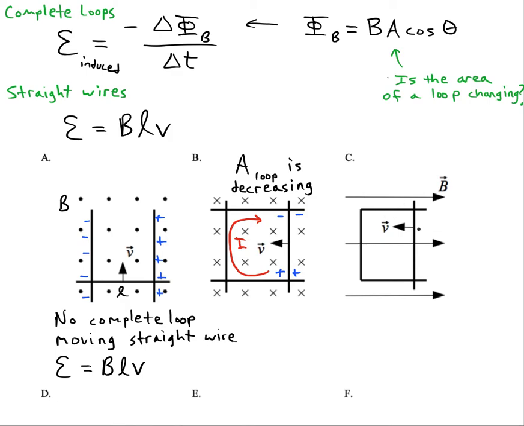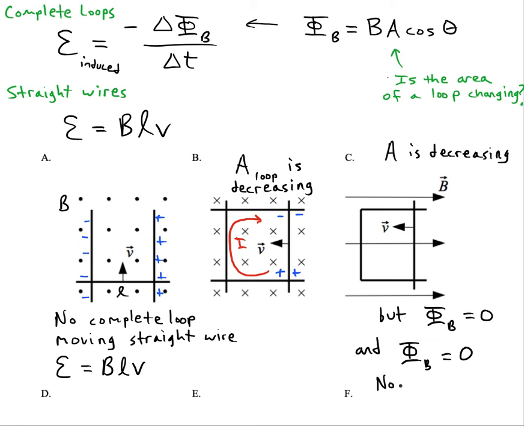In the case of C, we do have an area that's decreasing. But the initial magnetic flux of the loop is 0. And the final magnetic flux of the loop is also 0. For this reason, no current will flow.